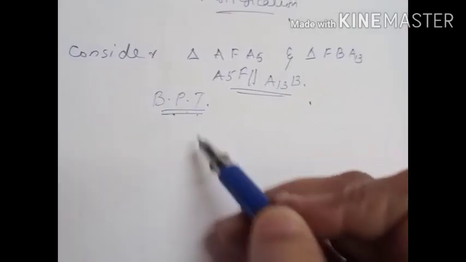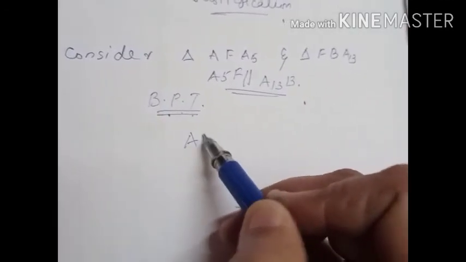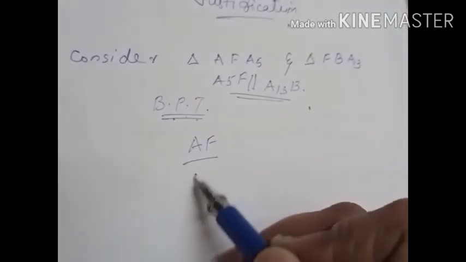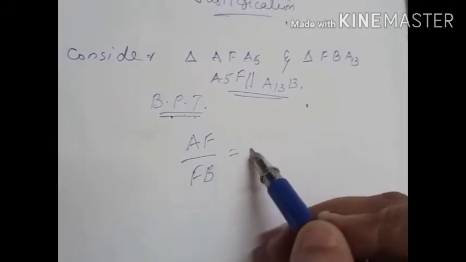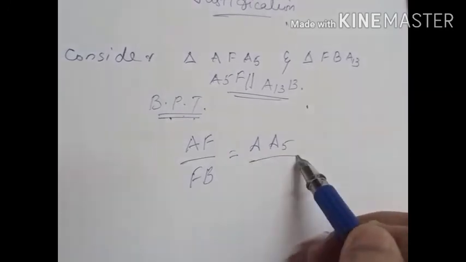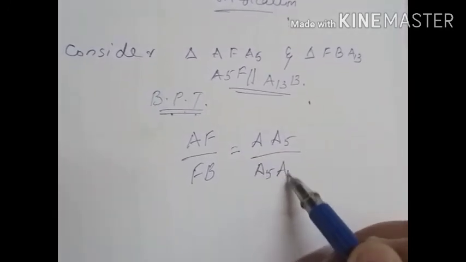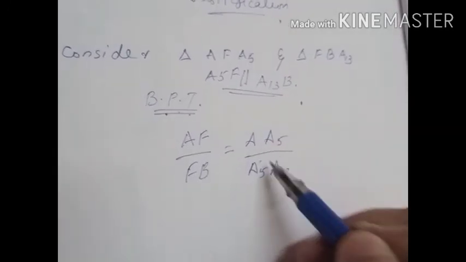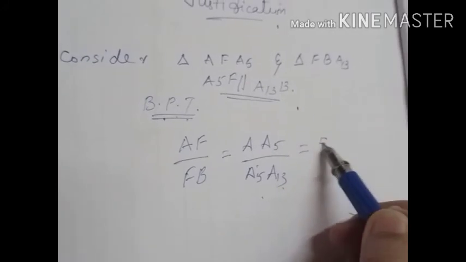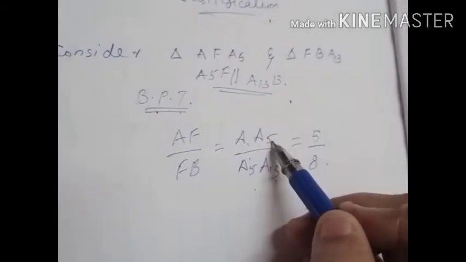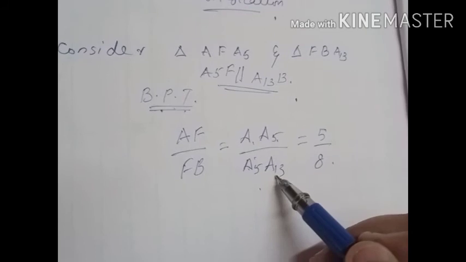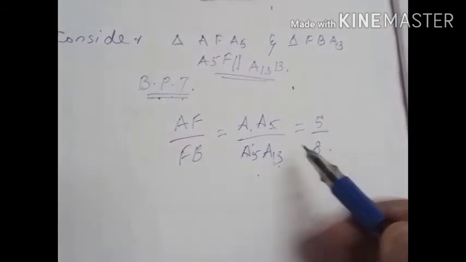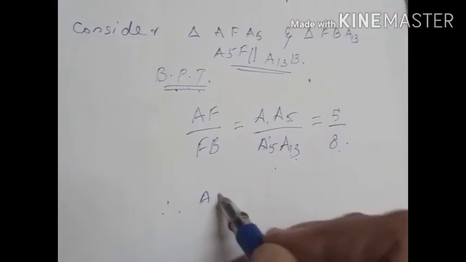So by BPT we can write AF by FB equal AA5 by A5A13. Then AA5 by A5A13 we got 5 by 8, right? AA5 means 5 units, A5 to A13 8 units. So 5 by 8.